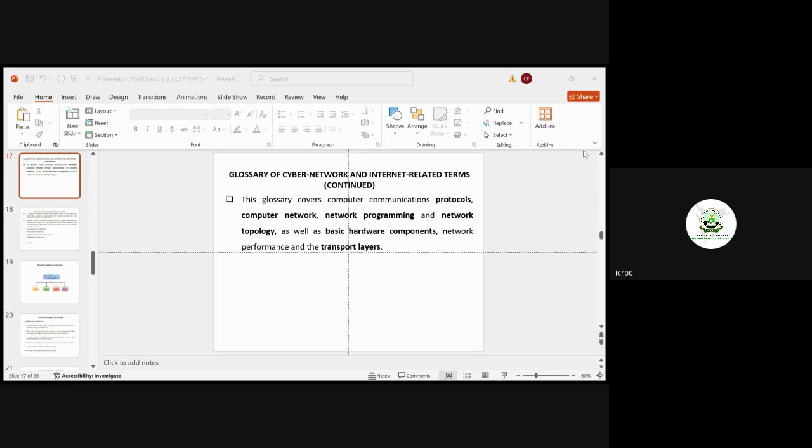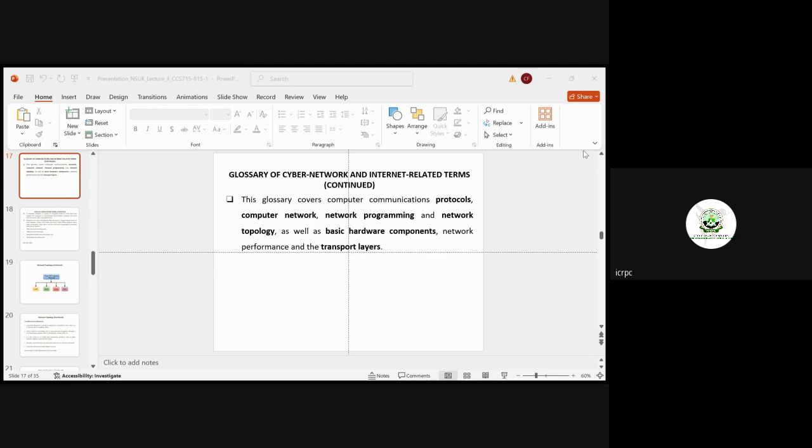I am trying to see how we can draw the line between these two things, because normally all protocols are actually sets of instructions because they're actually programs. But at times, we look at these protocols as not just programs, but also as models. That's why we don't look at all protocols as programs, because there are some protocols that are models, some that are like frameworks, right?